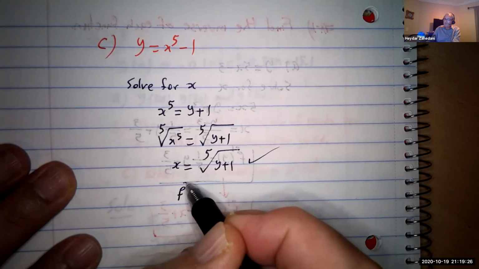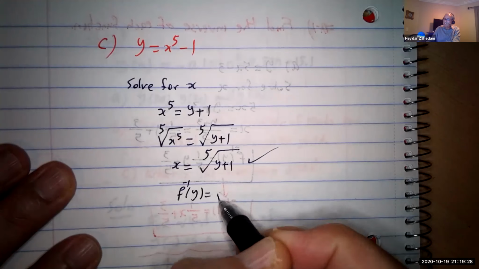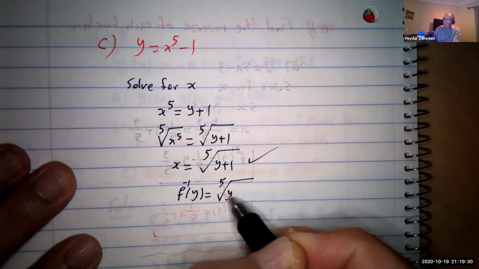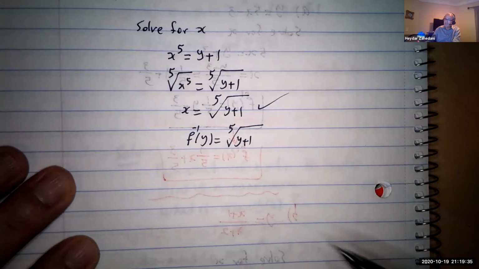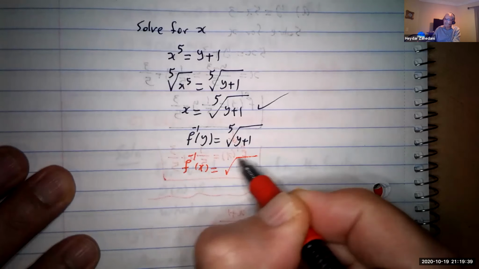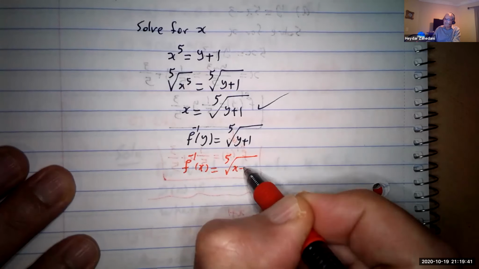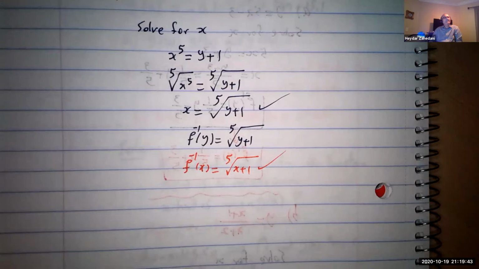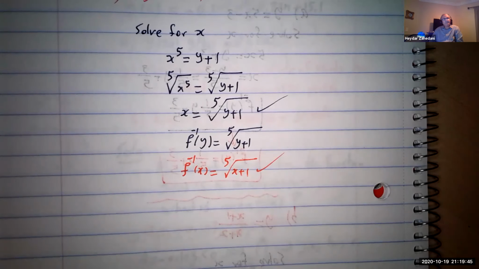So f inverse of y is just the fifth root of y plus 1. You like x, so change it to the x. f inverse of x equal to the fifth root of x plus 1, and then you're done. Any question? That's a very typical one that you have all over the places in your book.